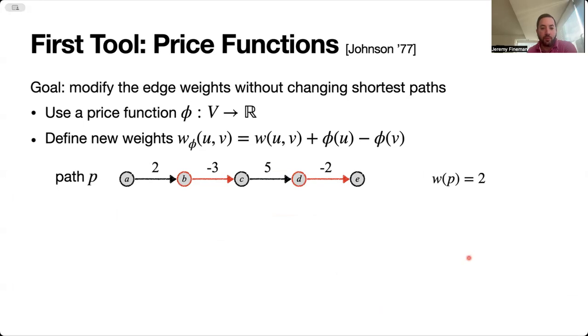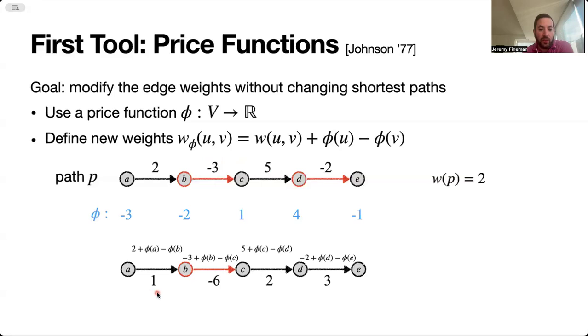So we'll use some function on vertices that assigns a number to each vertex and define a new weight, so the weight of phi of the edge is the original weight plus the price of the source minus the price of the target. So given this example graph, which is just a simple path, if we use this price function here, then the new weights would be as shown here.